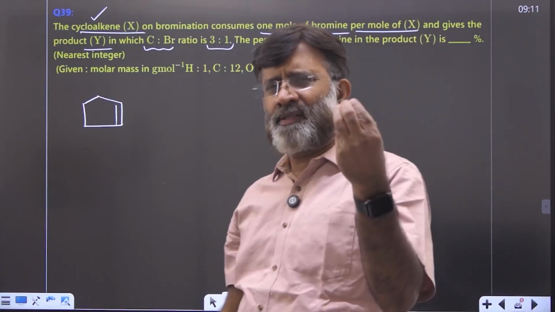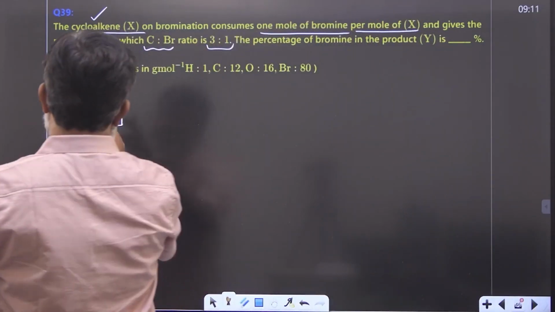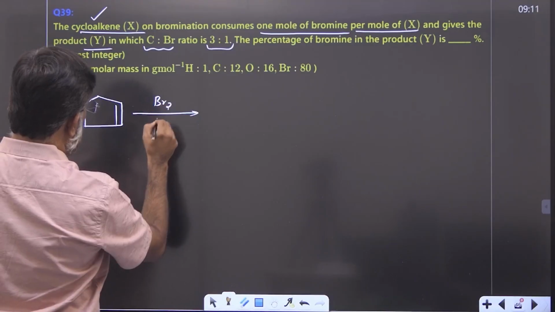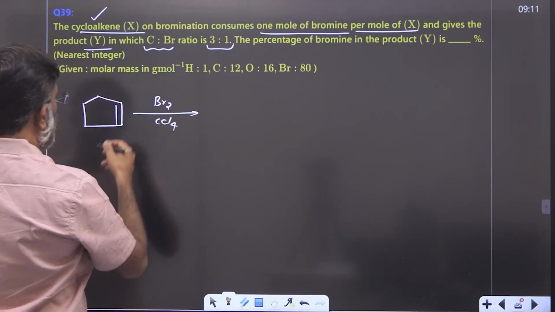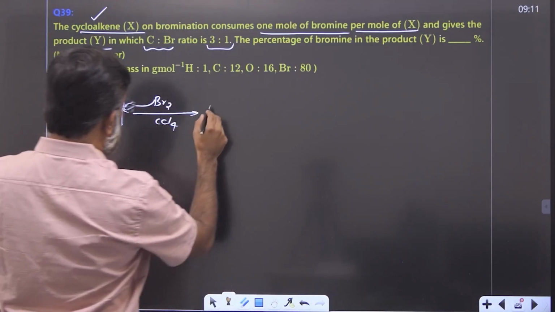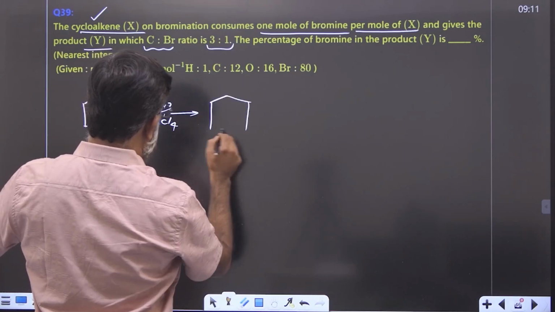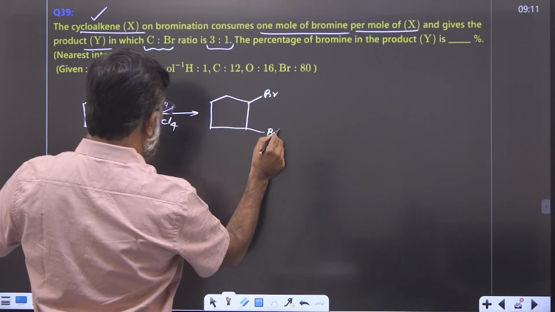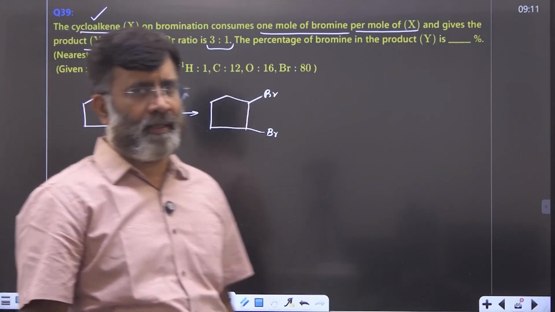Just for example, cyclopentene, if it is treated with bromine in CCl4, you know the reaction: bromine is added across here and you get a product like this, one bromine here and one here, a vicinal dibromide.